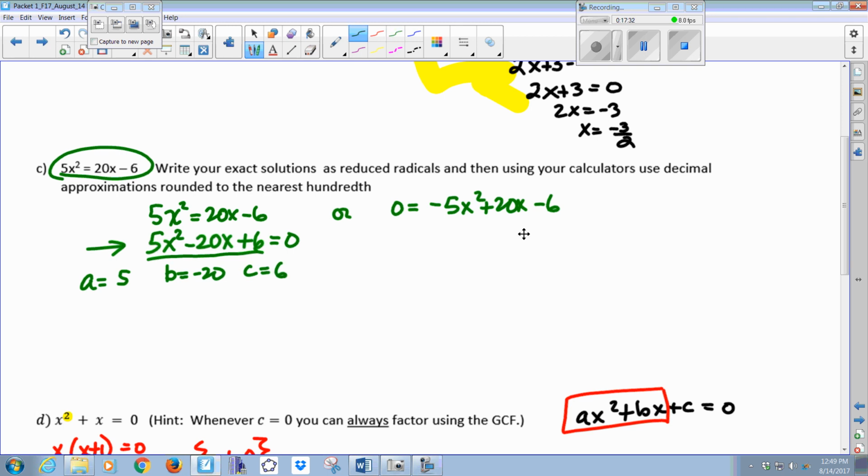And now let's take a look at something that's very important. When you solve an equation, you go from one equation to an equivalent equation, right? So these two equations are equivalent. You have the right to subtract 20x and add 6 to both sides. When you write the quadratic formula, I beg you, please, you are solving this equation for x.